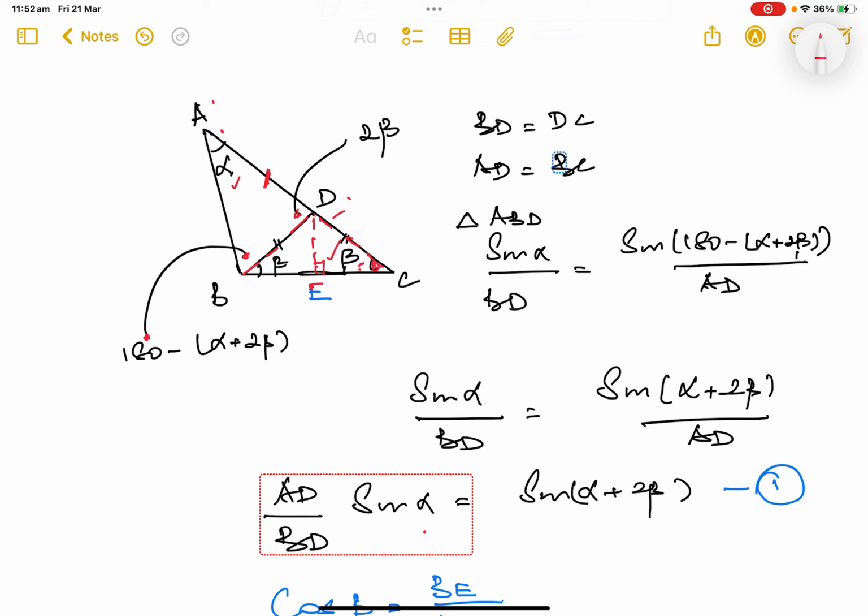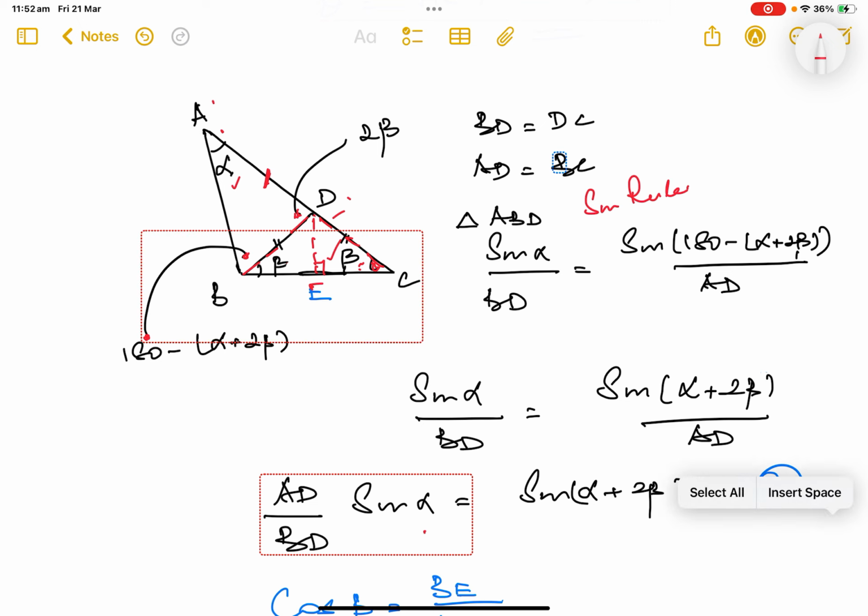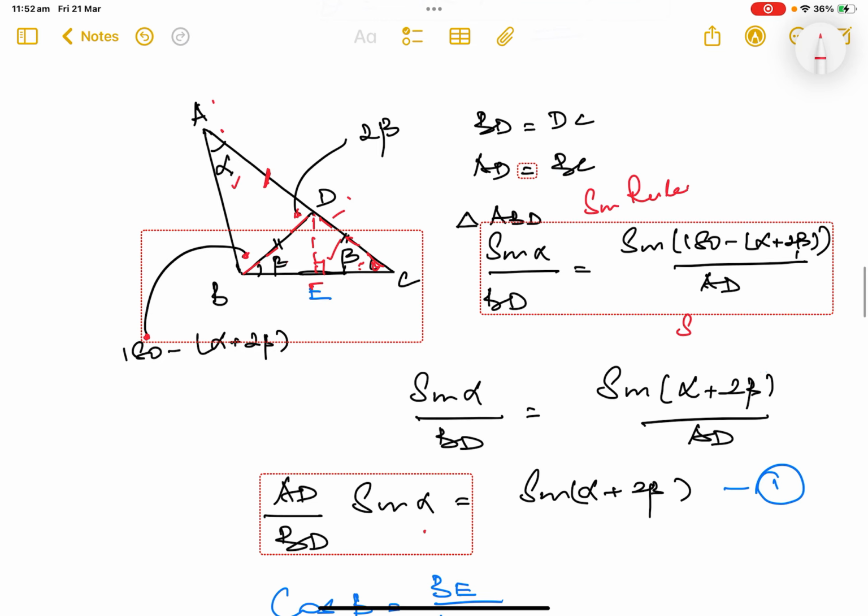Right, okay, sine rule. So sine alpha is the angle and the opposite side is BD. And the other angle is sine of 180 minus alpha plus 2 beta, and the opposite side is AD. From that, sine alpha over BD equals sine of 180 minus alpha plus 2 beta over AD.